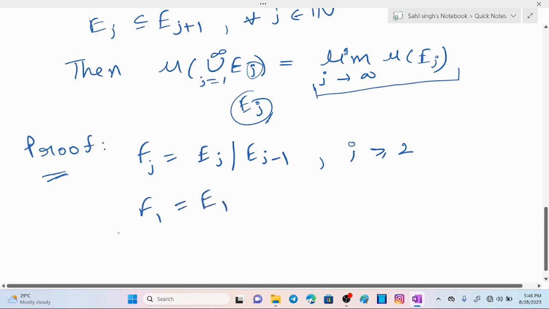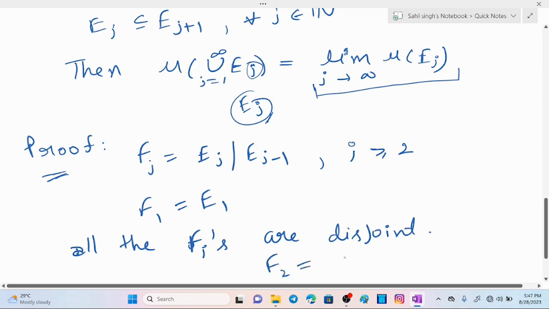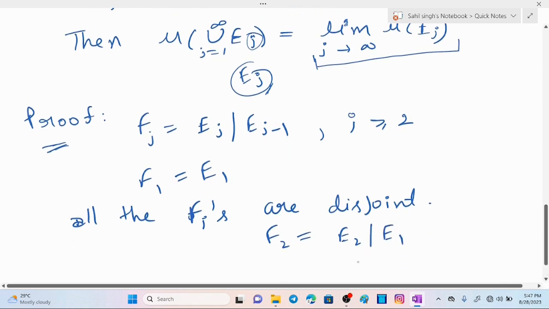Let's observe that all the Fi's are disjoint sets, because if we pick any two of the Fi's, then we can see that in F2 we have E2 removed E1, and in F3 we have E3 removed E2. So here E2 is not there, and in this E2 is there, so their intersection is empty.